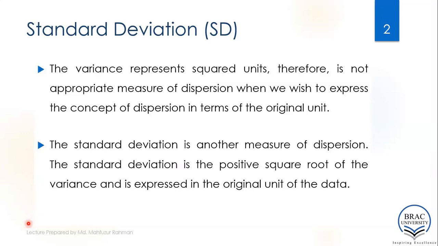So there is a conflict, and in this situation standard deviation helps us. Standard deviation is just the positive square root of the variance, and it is expressed in the original unit of data. So that's why we prefer standard deviation over variance in most situations.